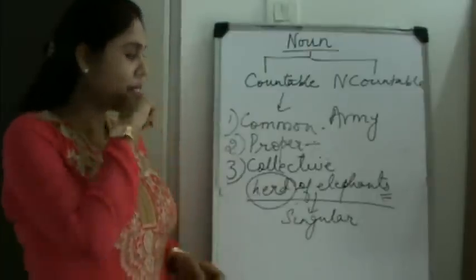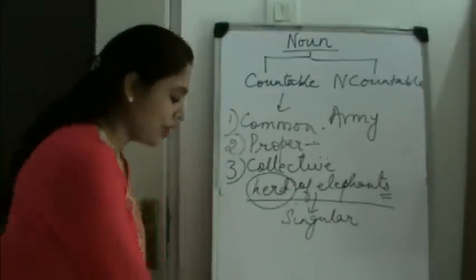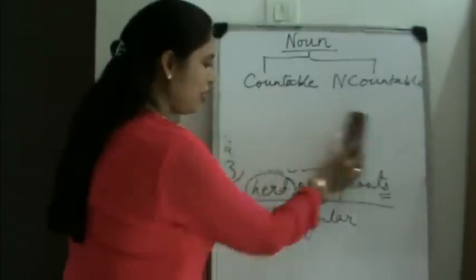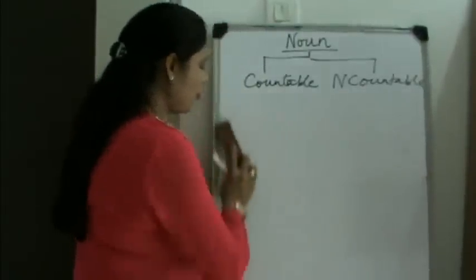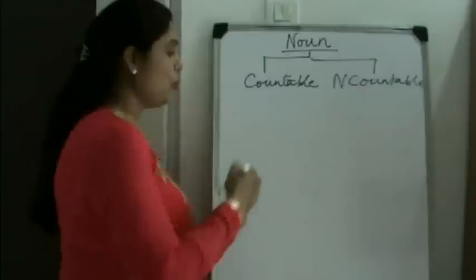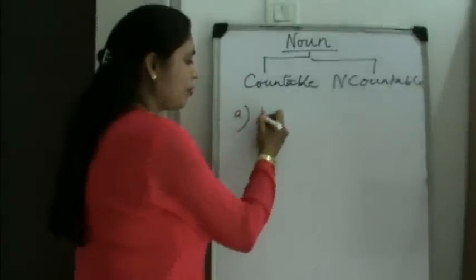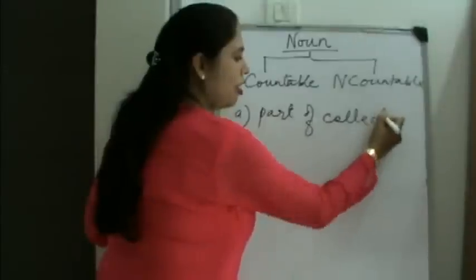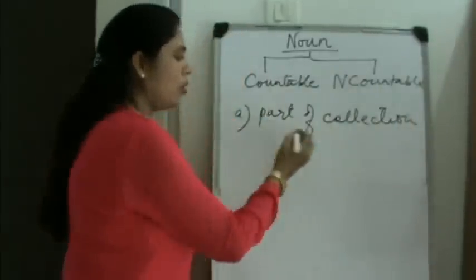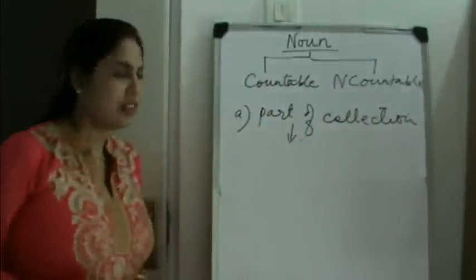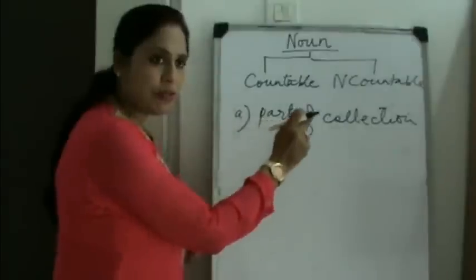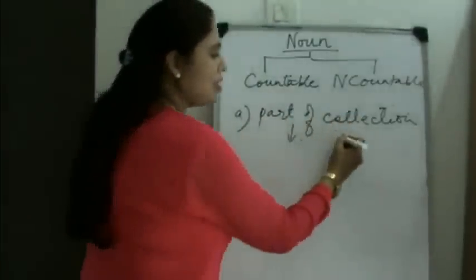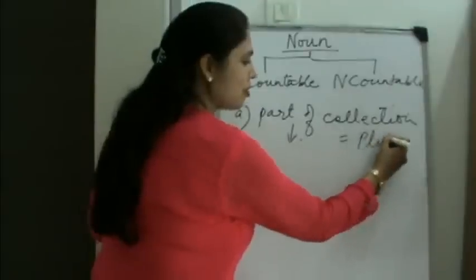But there is an exception to this rule as well. These are the two aspects. The first is when I refer to a part of the collection. Okay, let me give you an example of this first. When I talk about a part of a collection, at that time I make use of it as a plural noun. This is an exception.